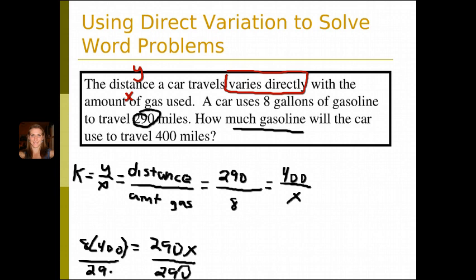So when you say 3,200 divided by 290, you would get that x equals 11.03 gallons. And you need to write gallons because this is a word problem. So you got to write your unit of measure.